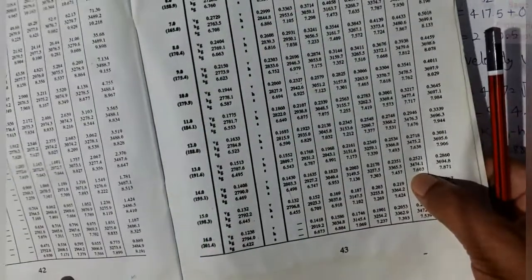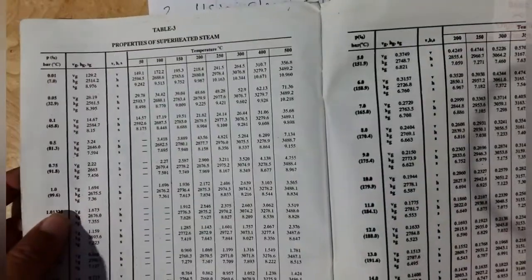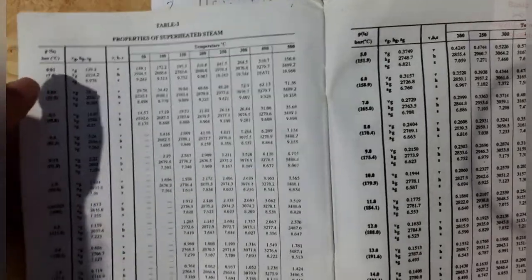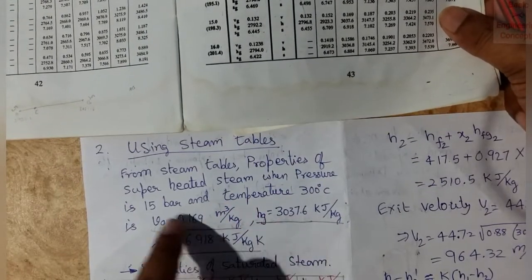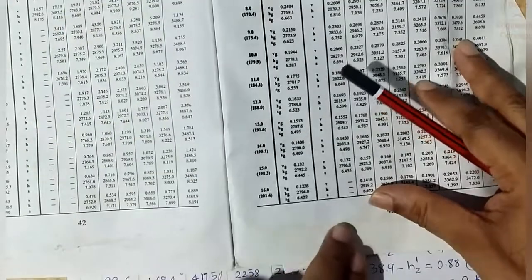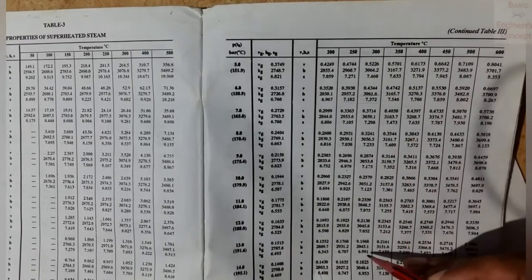Here these are the properties of superheated steam. At the first condition, 15 bar and 300 degrees centigrade. So this is 15 bar and the corresponding 300 degrees centigrade.